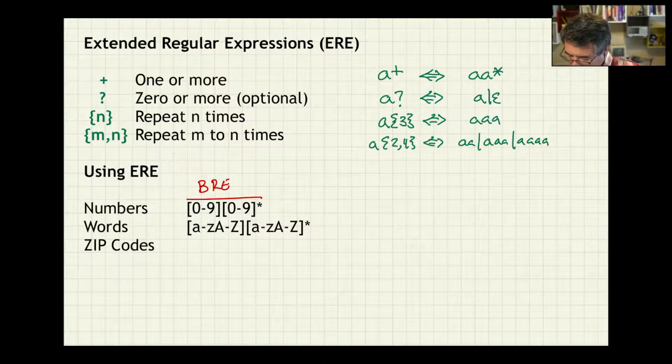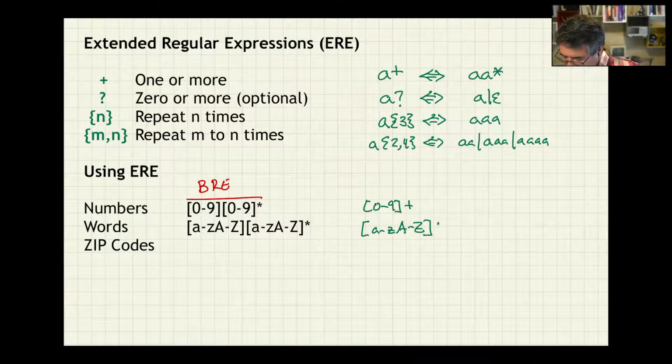The equivalent extended regular expression would be 0-9 plus for numbers, and little a to little z, big A to big Z, plus for the words. And then the zip codes become really easy. 0-9 repeated 5 times.